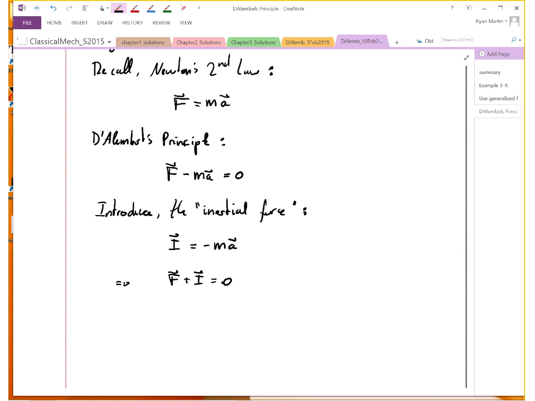And so yes, we have only just rearranged Newton's second law, and it still doesn't sound like that genius of an idea.